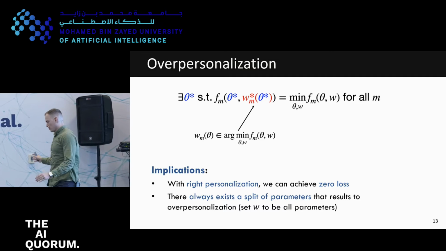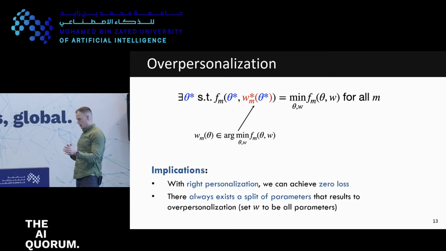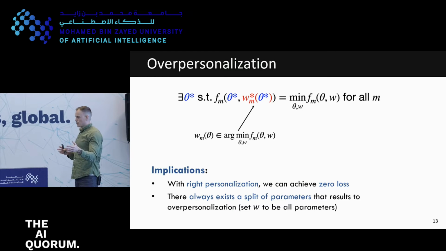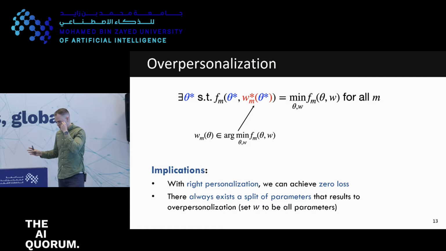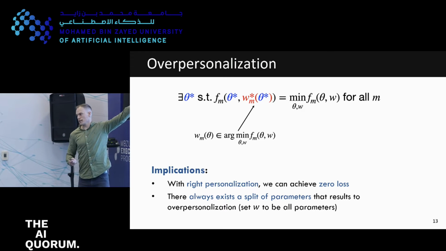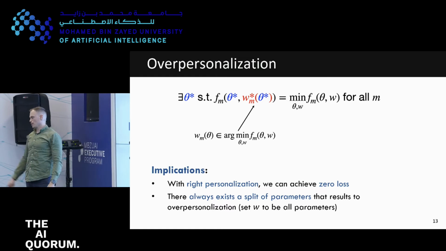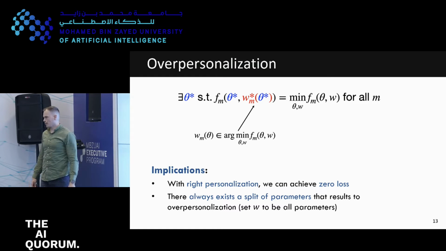Although the problem in practice will be to find the right balance between the local and global models. This is not something that I'm going to discuss; we would like to approach it as future work. But what I'm going to show you is that once you have this nice property, it almost acts as an over-parameterization for federated learning.